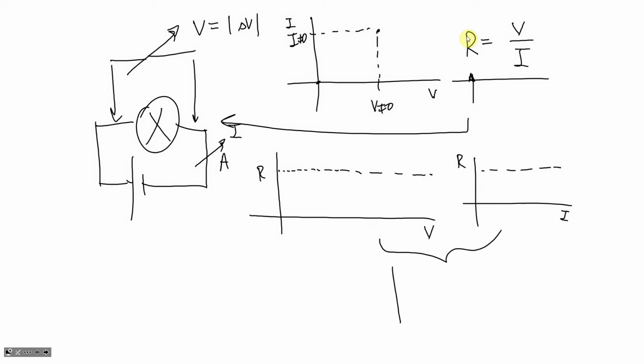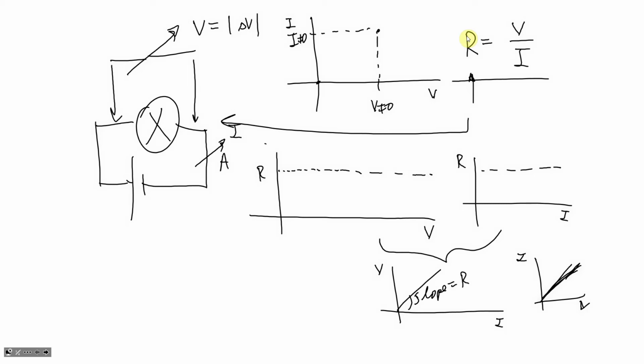But another representation of this statement is that the graph for the voltage as a function of current or current as a function of voltage should be linear, something like this, with a constant slope. And this slope represents resistance for one graph, or 1 over R for another graph.